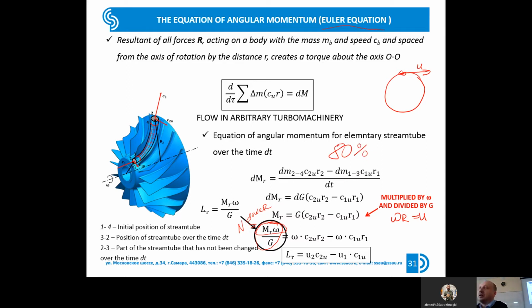So if you need to analyze the working process of turbomachinery, the first thing you need to do is write this equation. And I think in most cases you will find the solution of your task dealing with turbomachinery.